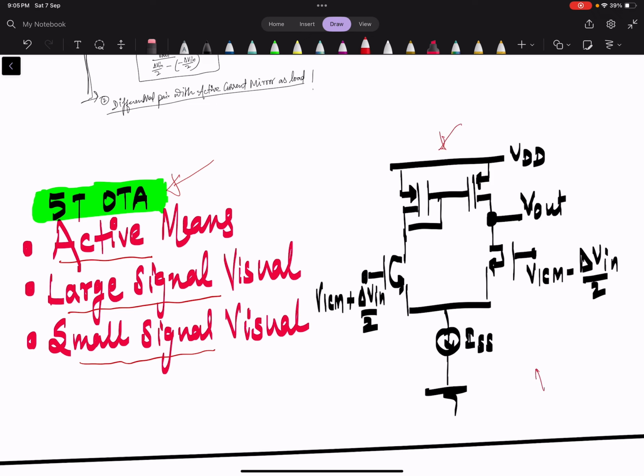So this is the 5 transistor OTA, where we have transistors 1, 2, 3 and 4.